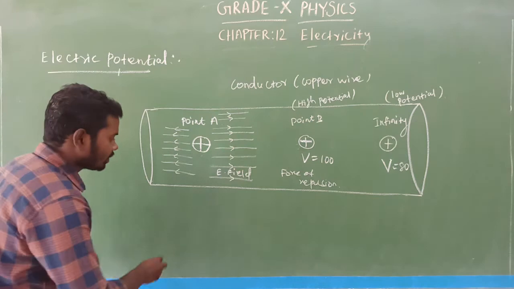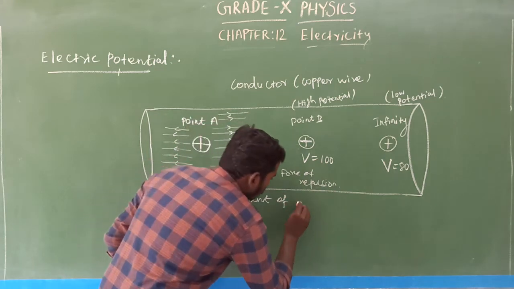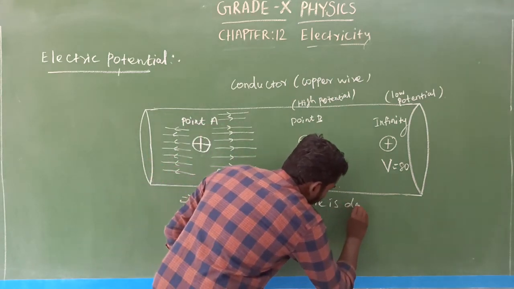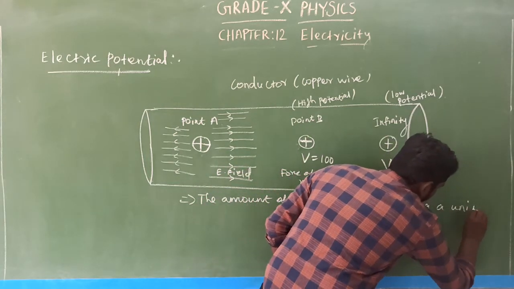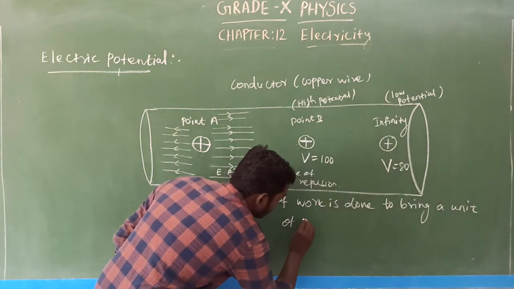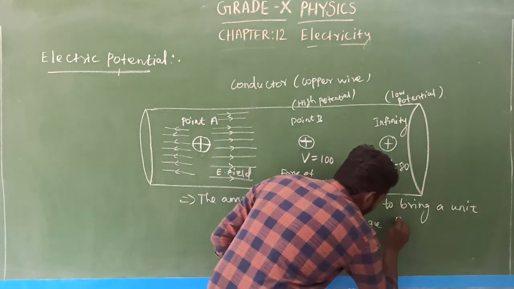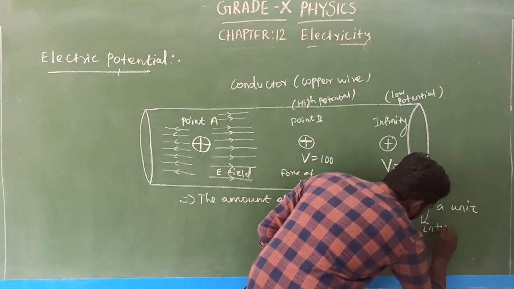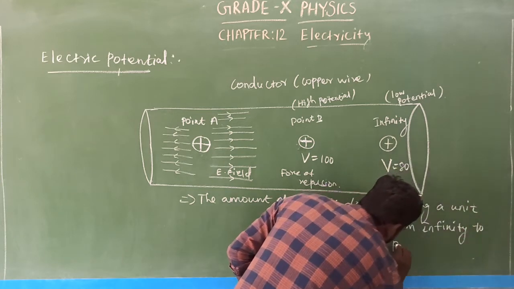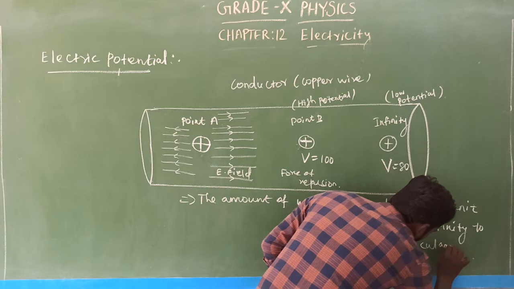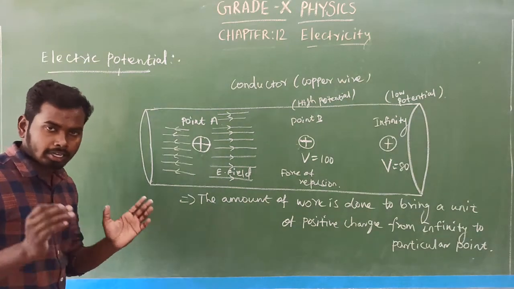I will write the definition. Look here. The amount of work done to bring a unit of positive charge from infinity to a particular point is called electric potential.